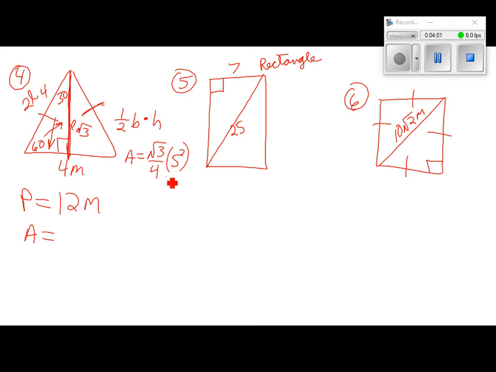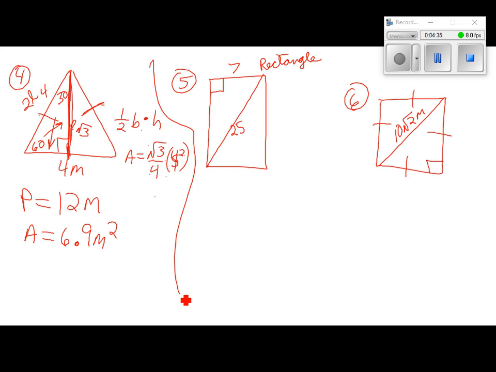I use this one instead of finding this height, it doesn't really matter which one you use. So I punched in my calculator square root of 3, hit equals, then divided by 4, hit equals, then put in 4 for s, and hit times 4 squared, and it gave me 6.9 meters squared.